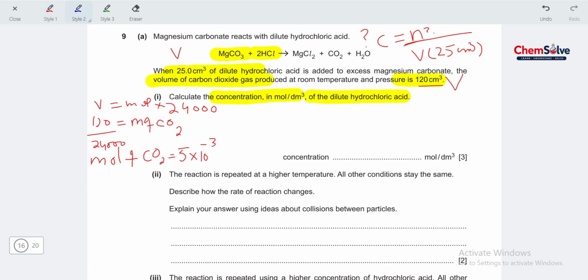Okay. Now look at the balanced chemical equation. We have calculated the moles of carbon dioxide, but we need moles of hydrochloric acid here. And the ratio between carbon dioxide and HCl is 1:2. So if the moles of carbon dioxide are 5 into 10 raised to power minus 3, then the moles of HCl will be twice of that.